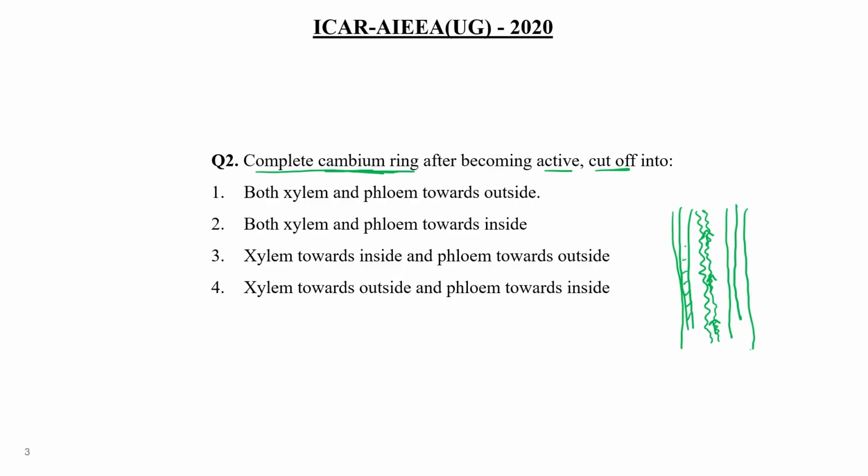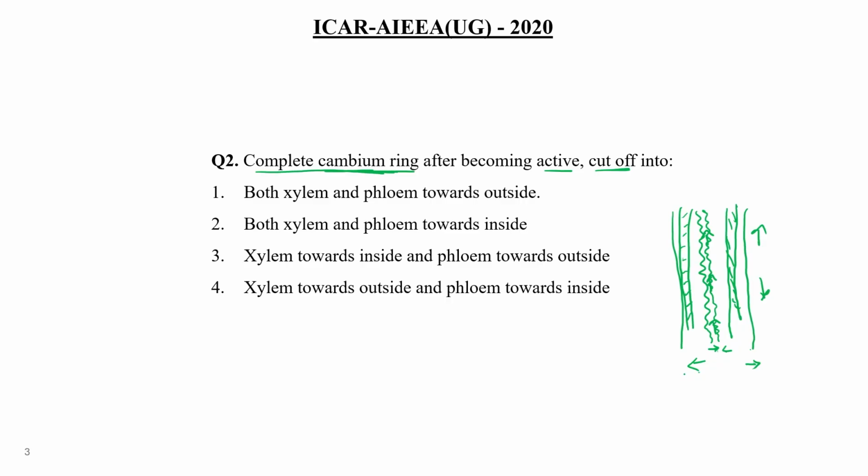The movement of food or nutrition occurs in both directions, upward and downward, in all directions where nutrition is required. So xylem is always present inside, and phloem is present on the outside.